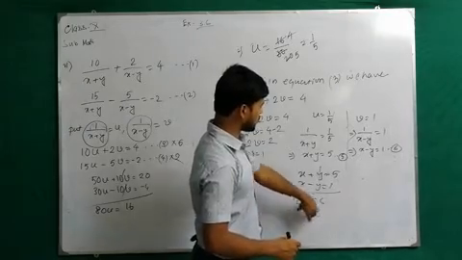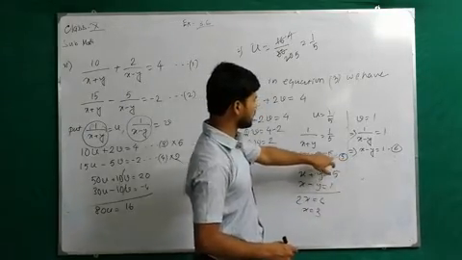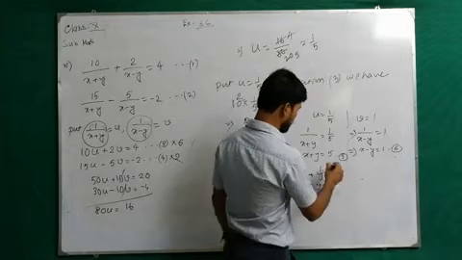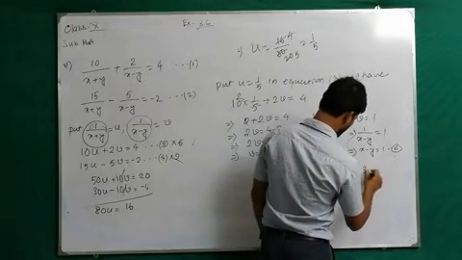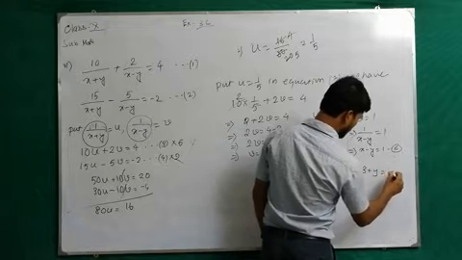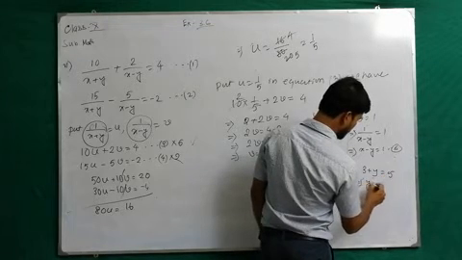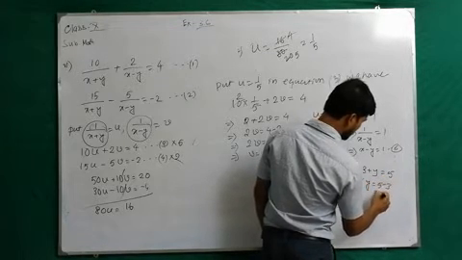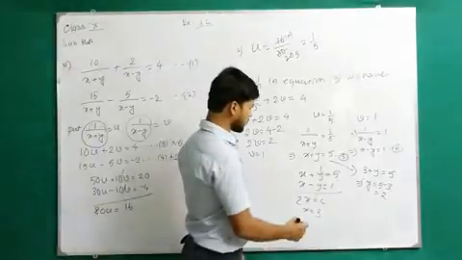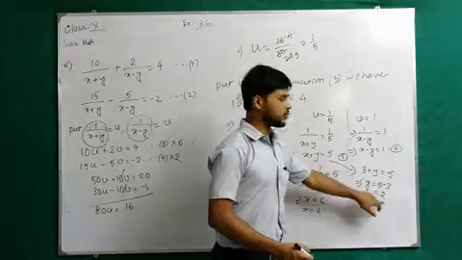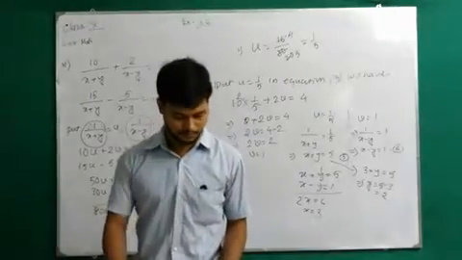And if I put x equal to 3 in either equation number 5 or equation number 6, we have, okay, so I am putting x equal to 3 in equation number 5. So 3 plus y is equal to 5. That means y equal to 5 minus 3, which is equal to 2. So therefore solution of the equations are x equal to 3 and y equal to 2, and hence solved.